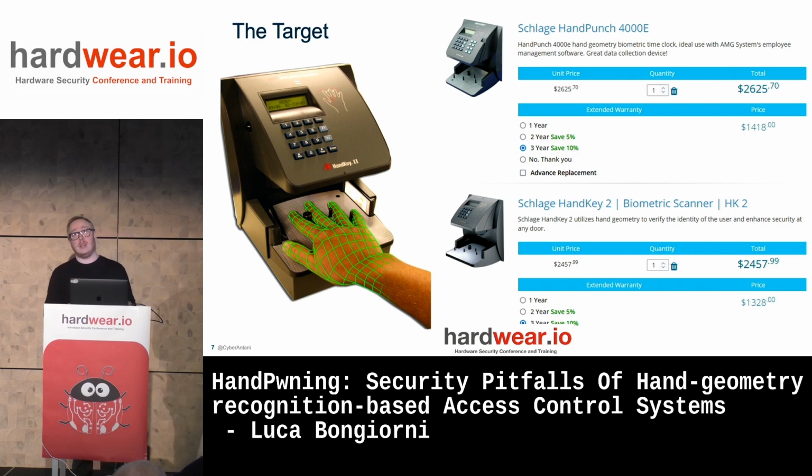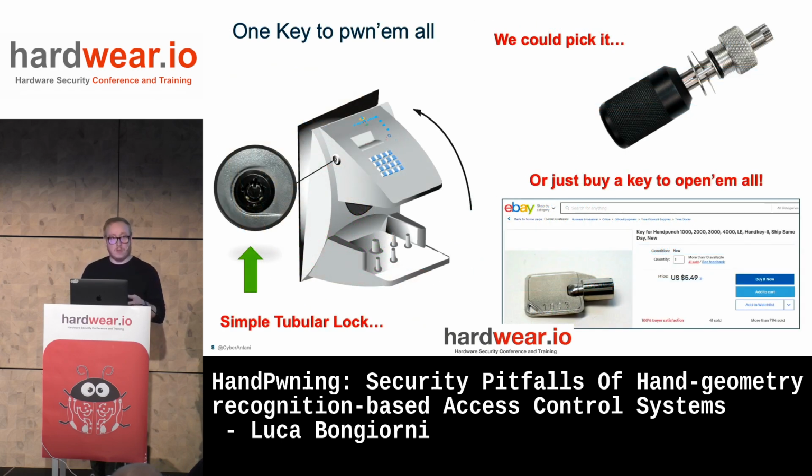The sad part is that they were decommissioned units from real scenarios. They didn't have the locks, so they were just closed, and they didn't have manuals or software. So I went with a very black box approach, trying first of all to set them up.